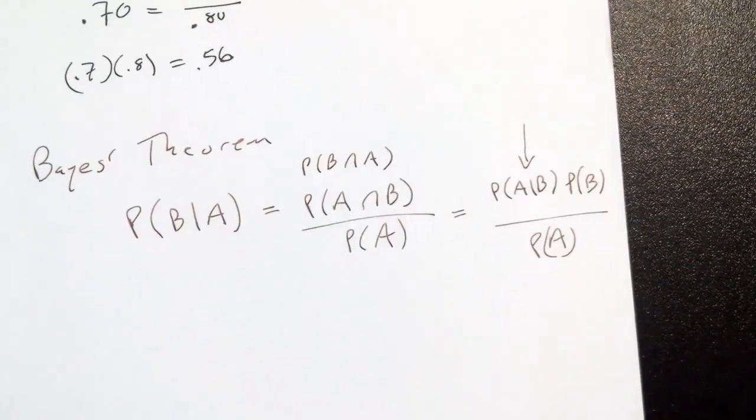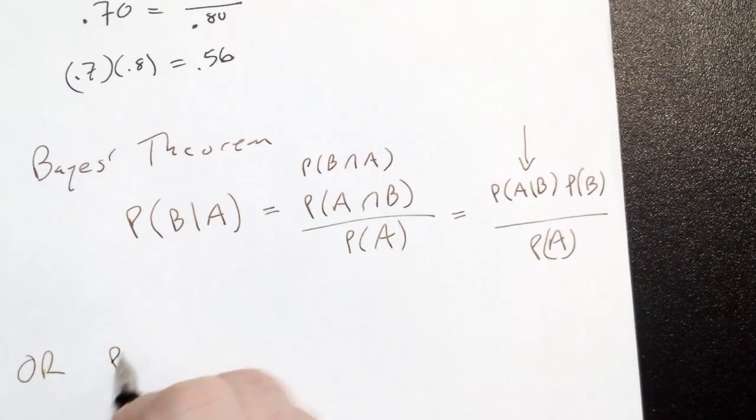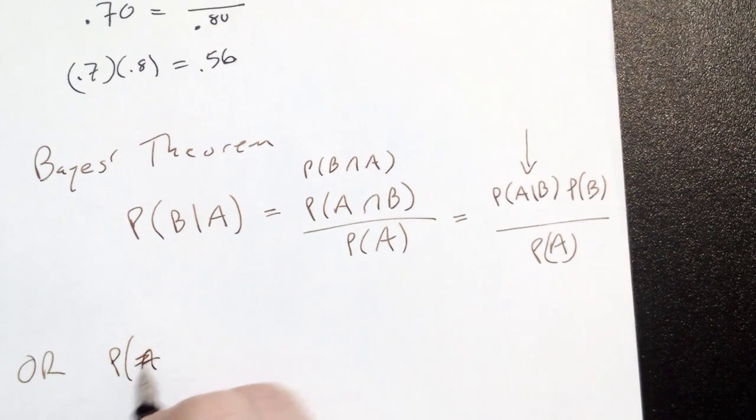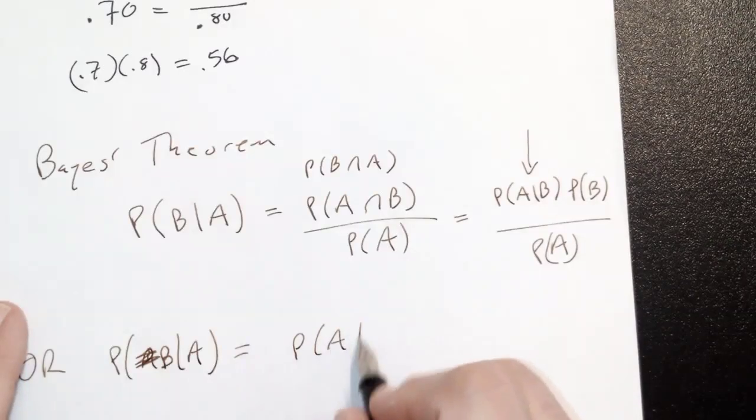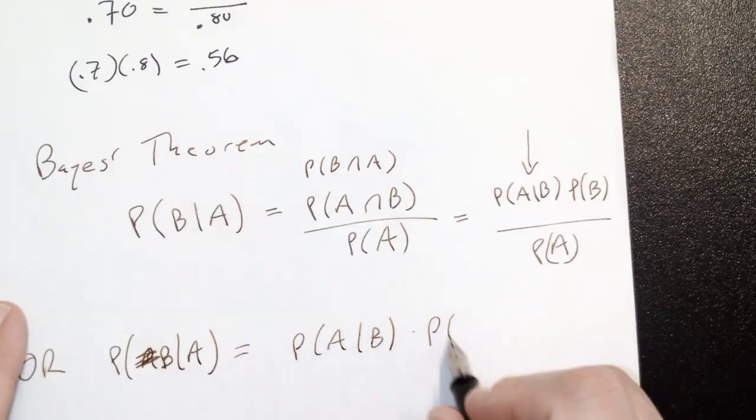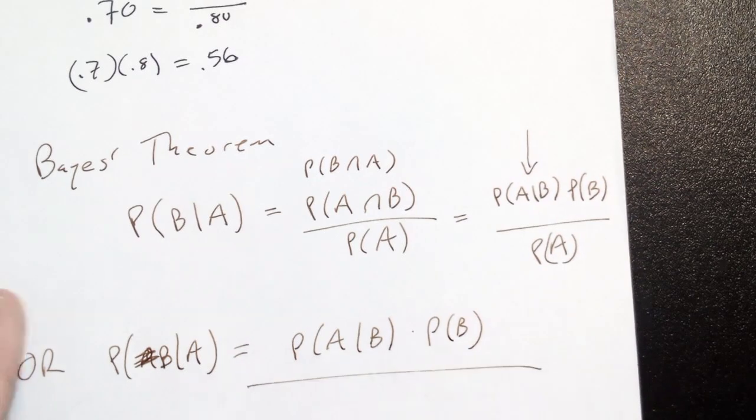So another way to work out Bayes' theorem: the chance of B given A is the chance of A given B times the chance of B, over... Now here's the ugly part.